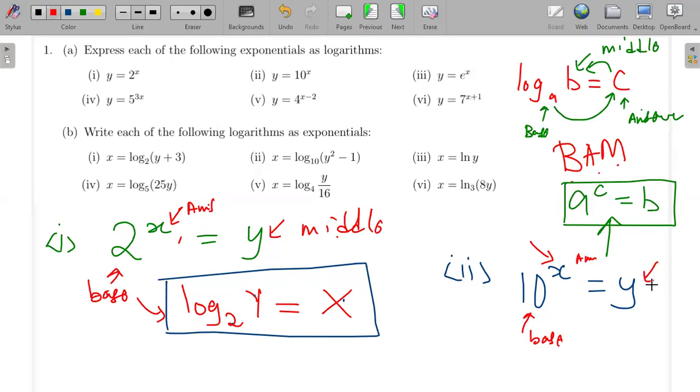And this y here will be the middle. So I'll just write log, my base is 10, and what is in the middle is y, which is equal to x. So this is the answer here when we convert this to log form. It's just going to be base to the power answer is equal to what is in the middle.